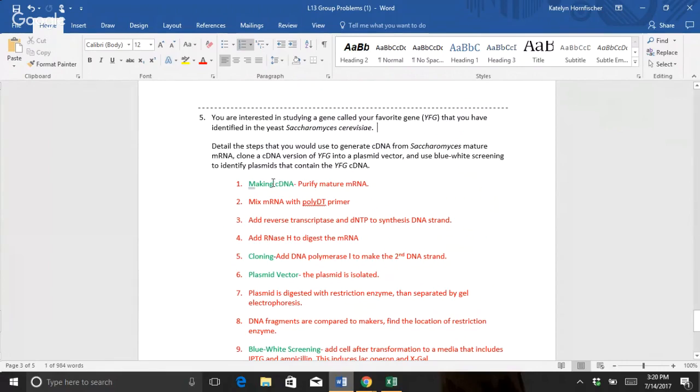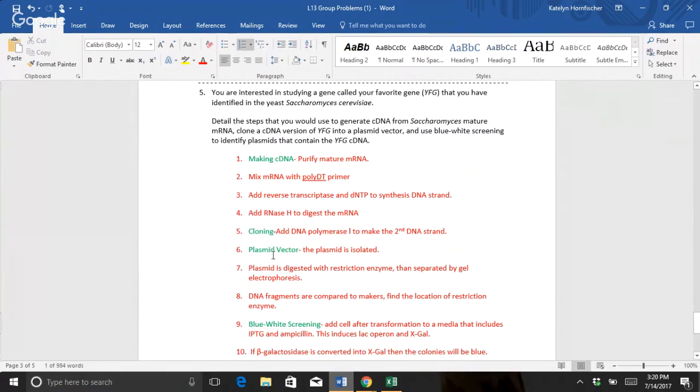So you'd start by making cDNA, which you start with purified mRNA. You mix it with poly-dT primer, add reverse transcriptase and dNTPs to synthesize the DNA strand. You add RNase H to digest the mRNA. By cloning it, you would add the DNA polymerase to make the second DNA strand.